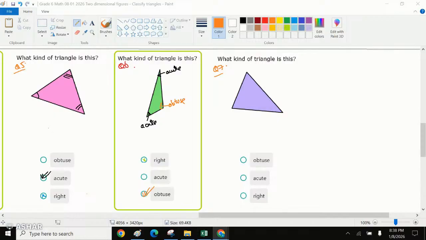What kind of a triangle is it? See, this is very repetitive, but repetition makes us perfect, right? So we will try to do all the questions, because doing it again and again will remove the chance of being incorrect.